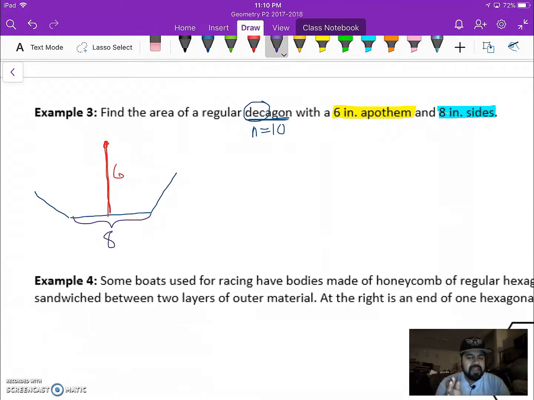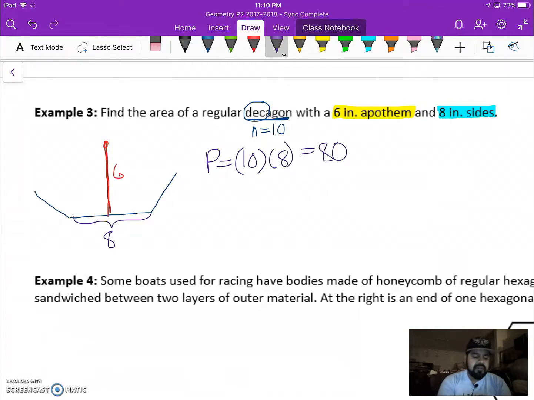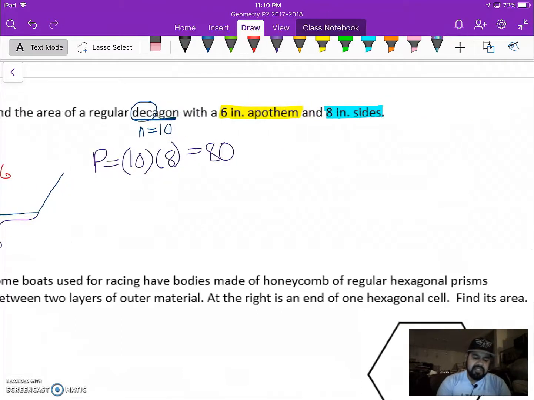Well, the only thing I really need is the perimeter. And since I know how long each side is and how many sides there are, my perimeter will equal 10 times 8. Well, now we're ready to go. The area is going to equal 1/2 apothem times perimeter.